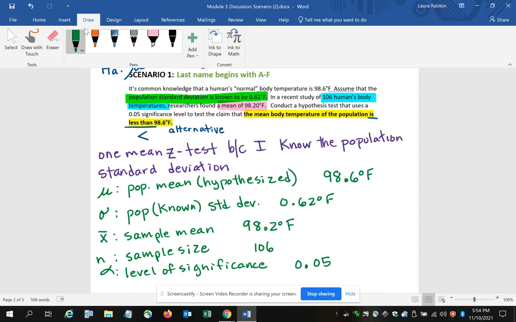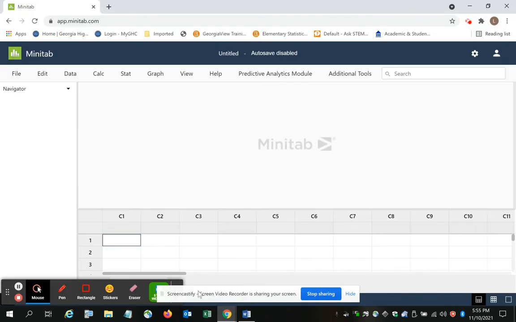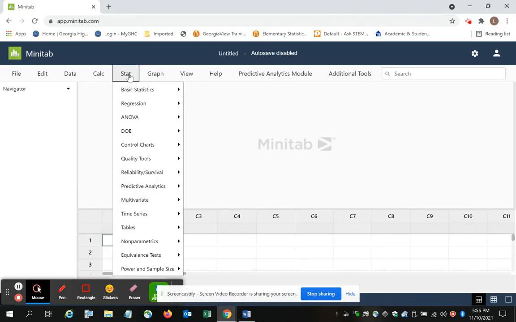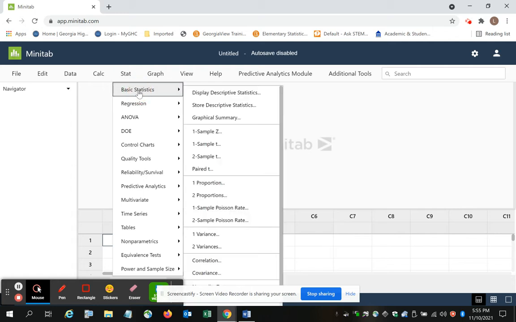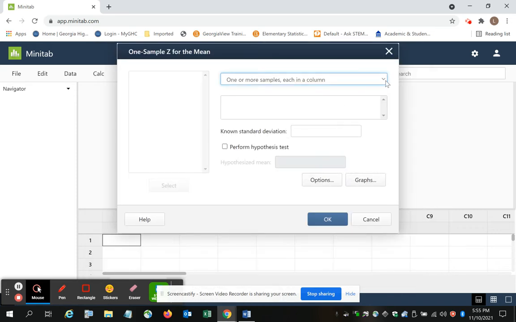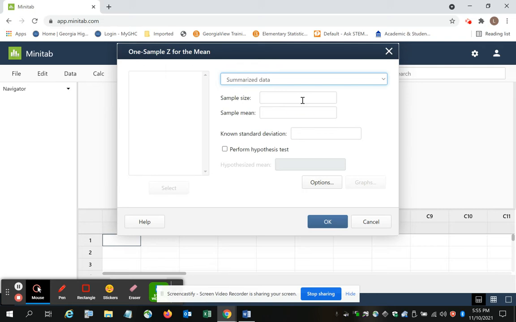So once I've gathered all that information, I'm going to go out to Minitab. We go to Stat, Basic Statistics, 1 Sample Z. I have summarized data. My sample size was 106.